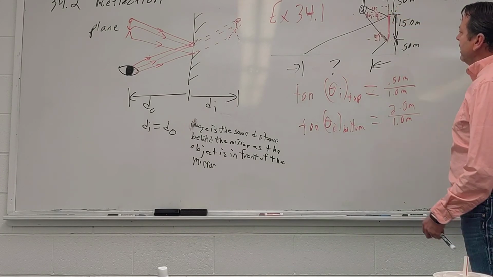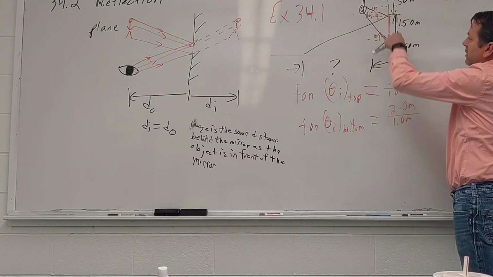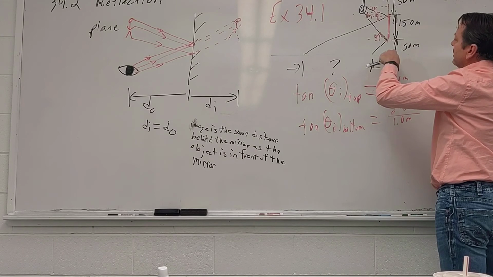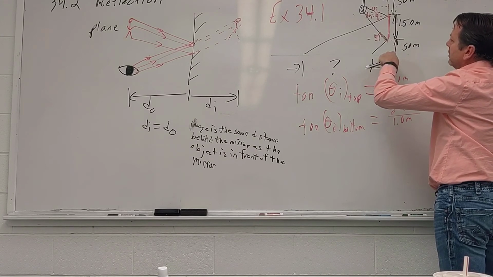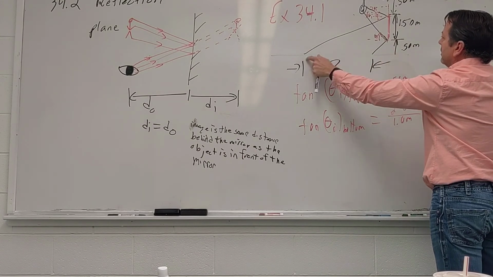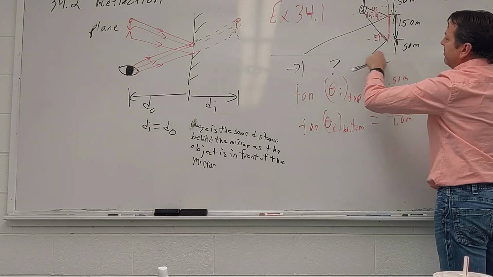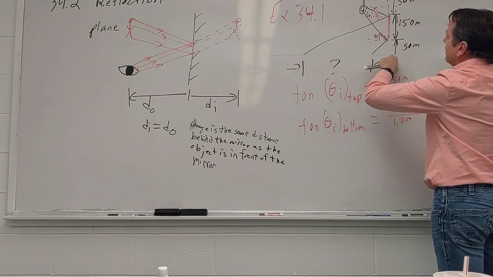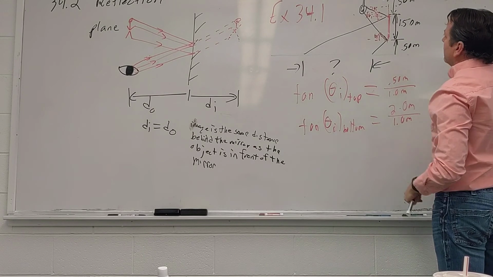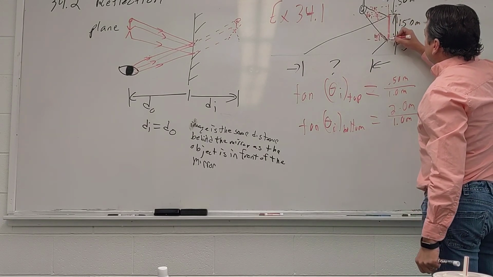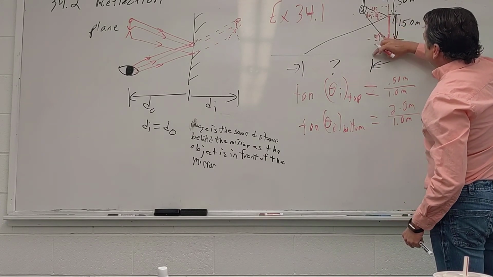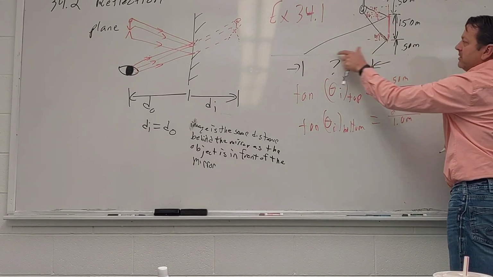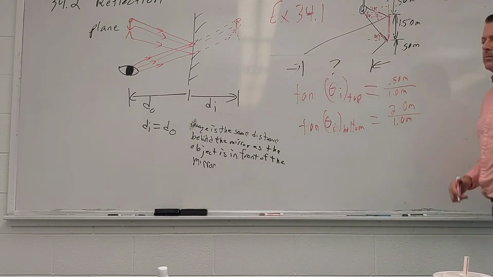We've got a distance down and a length across, so we can find that total distance there. Once you find this total distance, you can find this distance right here. If you know this distance and that total distance, subtract them, and you can find what you're looking for.